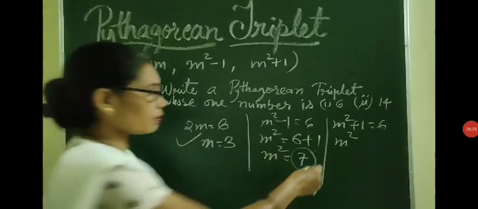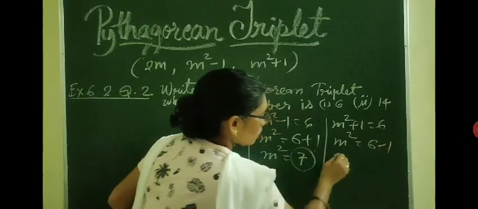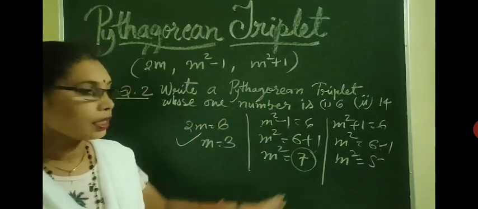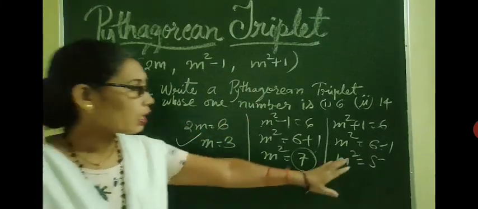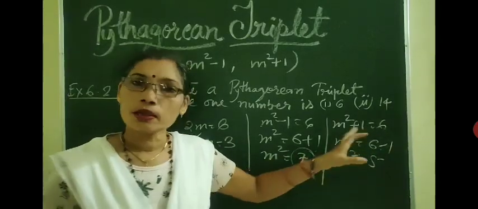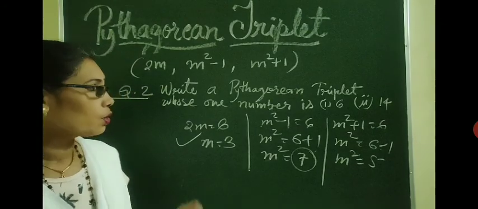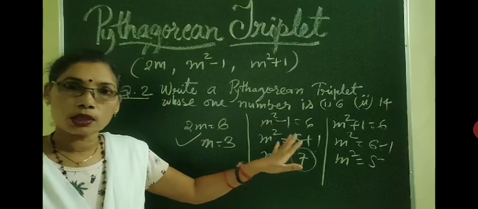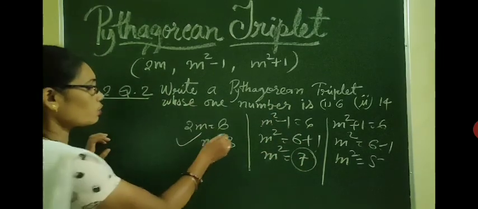If m squared plus 1 equals 6, then m squared equals 5. In this condition also, 5 is not a perfect square, so you can't find the value of m. So this idea is flopped, and this is also flopped. So what is our choice?